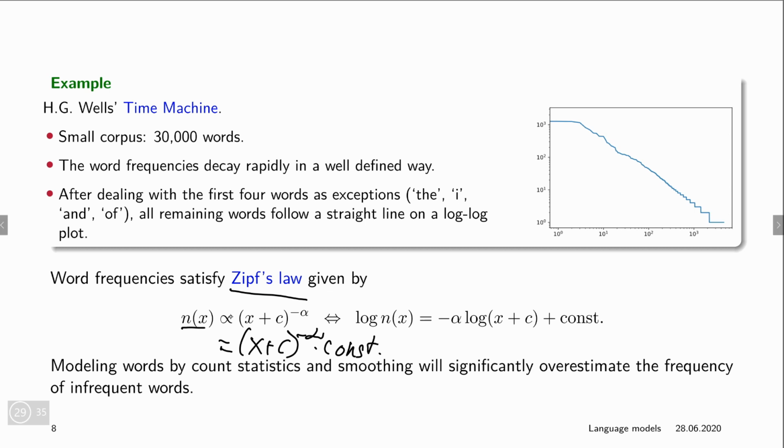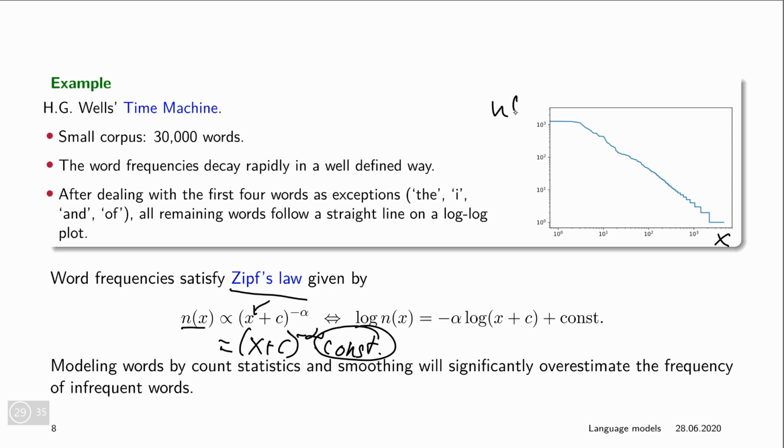So that's the meaning of this sign here, that we are multiplying by an arbitrary constant. It means that x plus c to the minus alpha. So x is the order of the word. This is x here. It's the rank of the word.